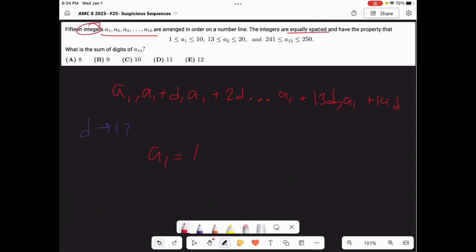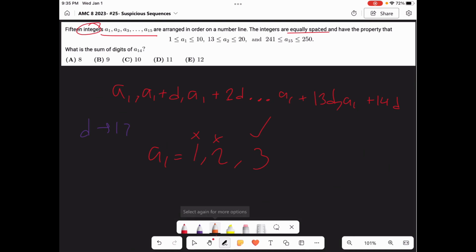Same for A1 equals 2. That also does not work, right? Because then it would only be 240. What about A1 equals 3? Yes, that does work, because then it would be 241. But it can also be 4. So how do we figure out if it's 3, 4, 5, 6, or any other values that work?